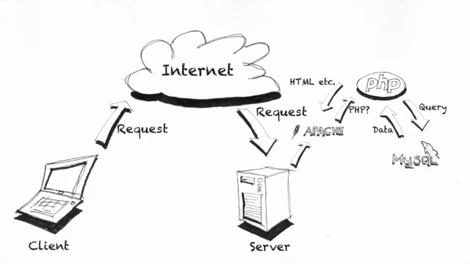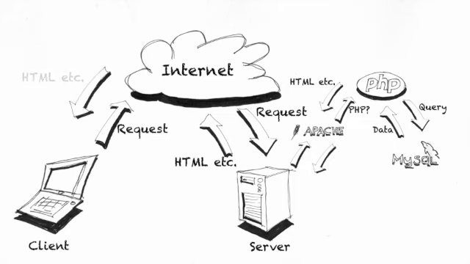Apache's now happy. There's nothing it doesn't understand there. And so Apache sends out through the server a response in HTML, CSS, and JavaScript. That response then gets pushed back to your client, to your laptop, and your browser can then interpret the HTML, CSS, and the JavaScript. And that's the whole process.